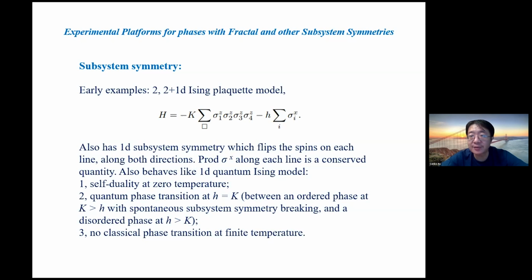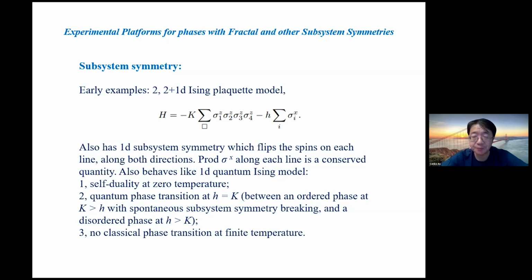Also, just like the 1+1 dimensional quantum Ising model, this model has no classical phase transition at finite temperature. The subsystem symmetry breaking will be completely restored and become disordered by any infinitesimal thermal fluctuation.